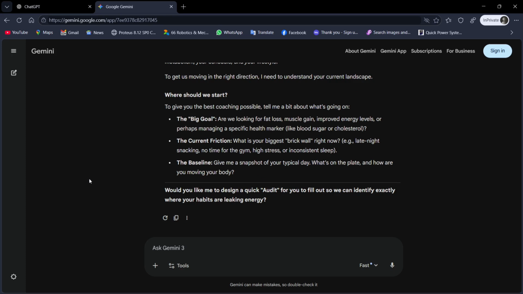So the big goal, are we looking for fat loss, muscle gain, improve energy levels, or perhaps managing a specific health marker like blood sugar or cholesterol? The current friction, what's your biggest brick wall right now? Late night snacking, no time for the gym, high stress, or inconsistent sleep?